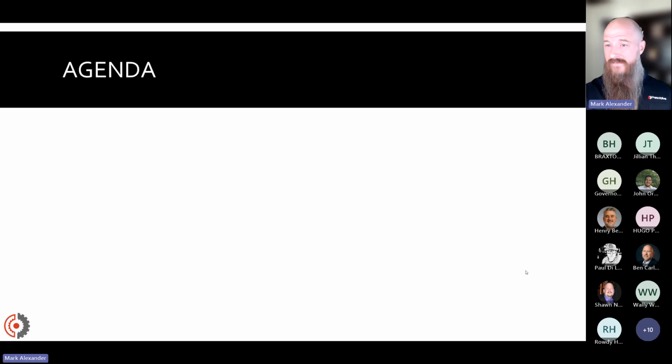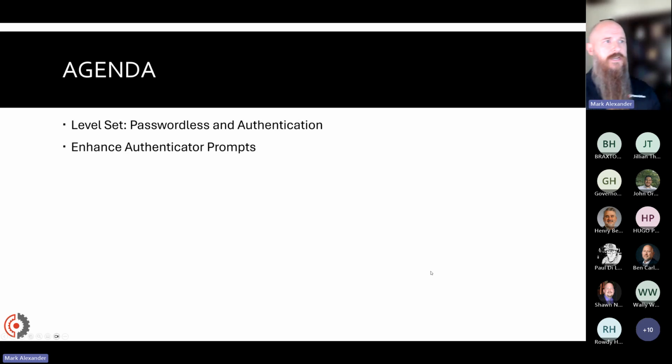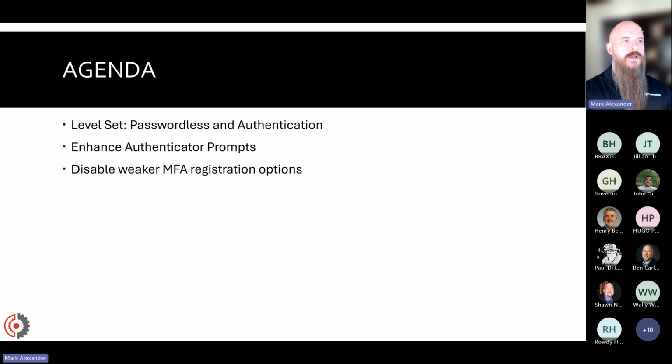Cool. All right. So today we're going to begin by level setting, just defining what is meant by passwordless and authentication. And then following that, we're going to talk about ways in which you can enhance your Microsoft Authenticator prompts, so you can give your users added context and empower them to make the best decisions. Then we'll look at disabling weaker forms of MFA registration.